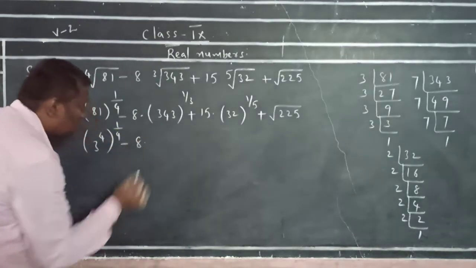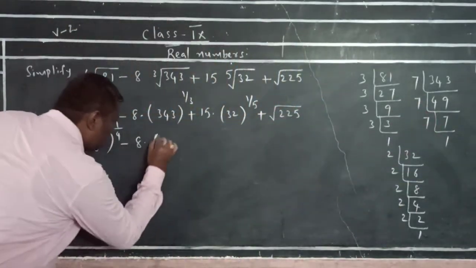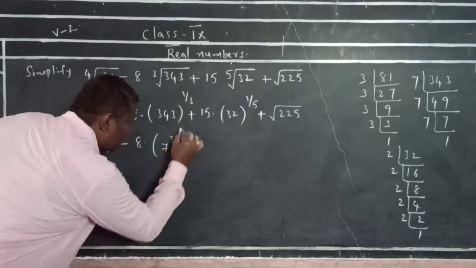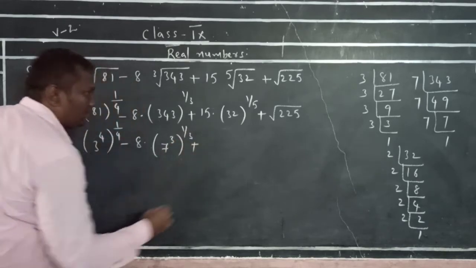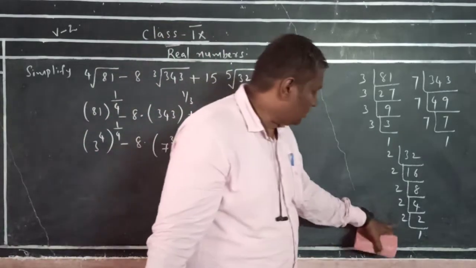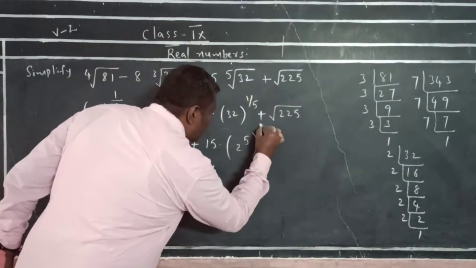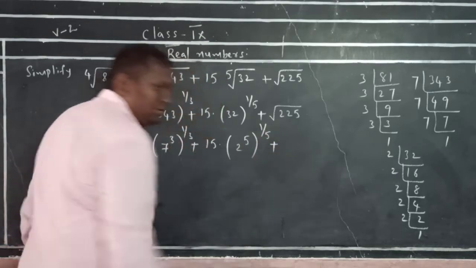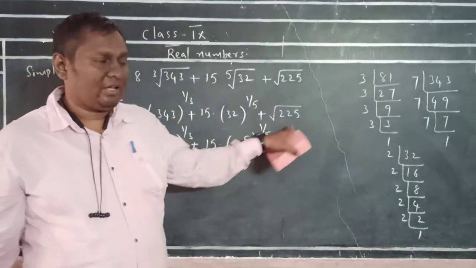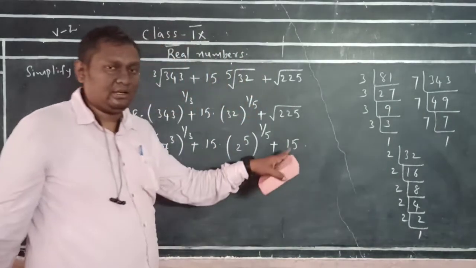Minus 8 into 343, that is 7 cube whole power 1 by 3, plus 15 into 32, whose value is five 2s, then 2 power 5 whole power 1 by 5. And the last one is 225. Directly I will write 15.